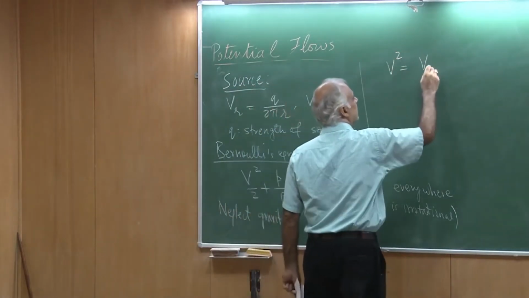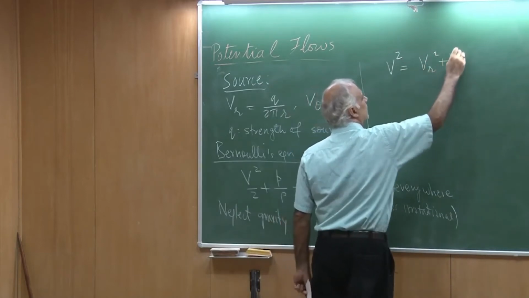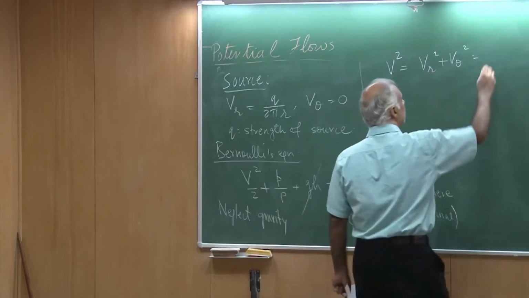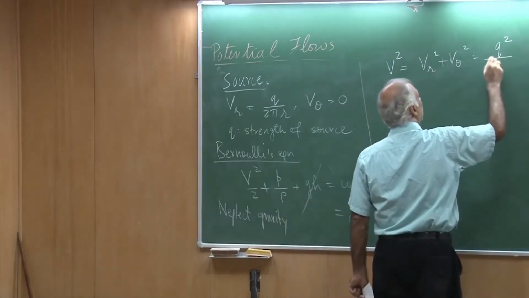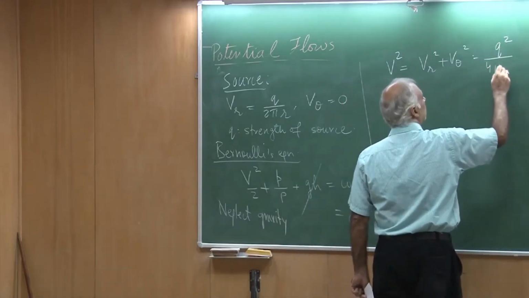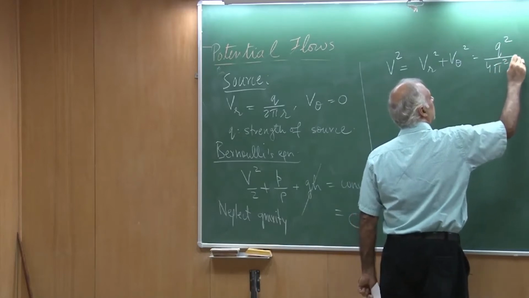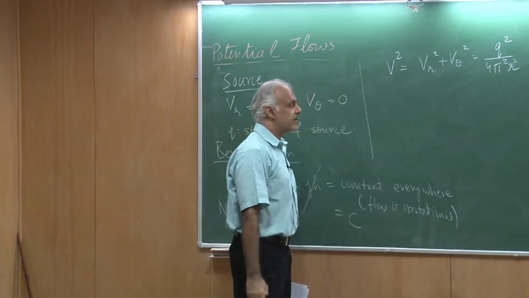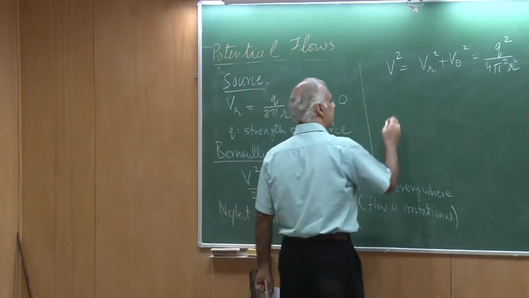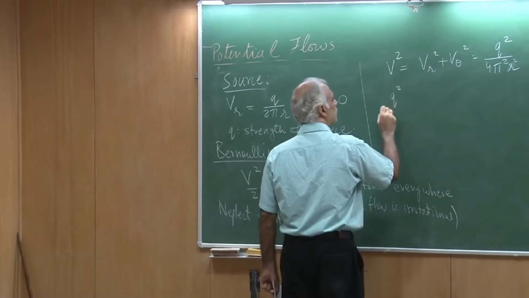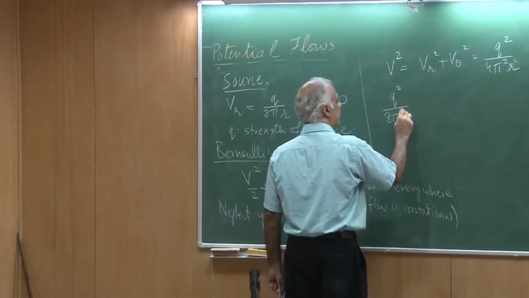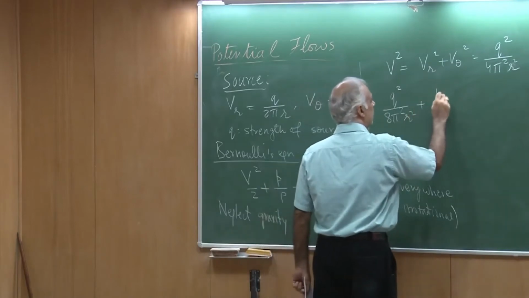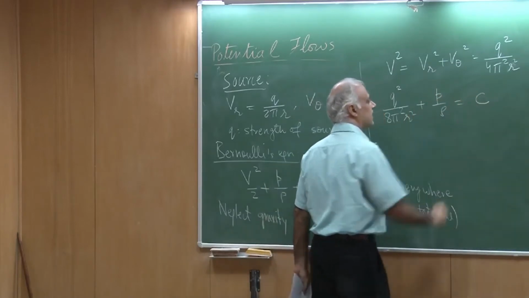V square is essentially V_r square plus V theta square, and that would be simply given as Q square over 4 pi square r square. Okay, V theta is 0. So from this equation I can write down that Q square over 8 pi square r square, that's the V square by 2 term, plus P by rho is a constant C.